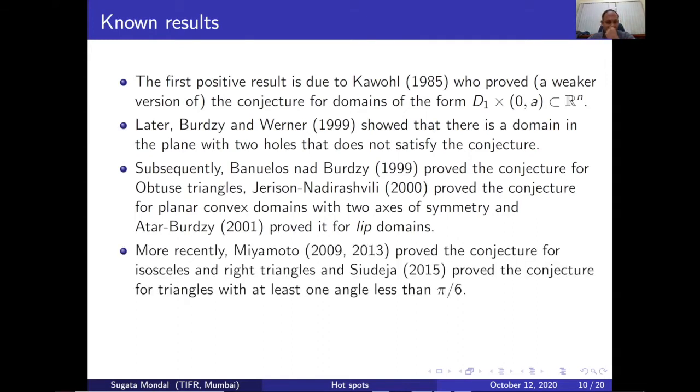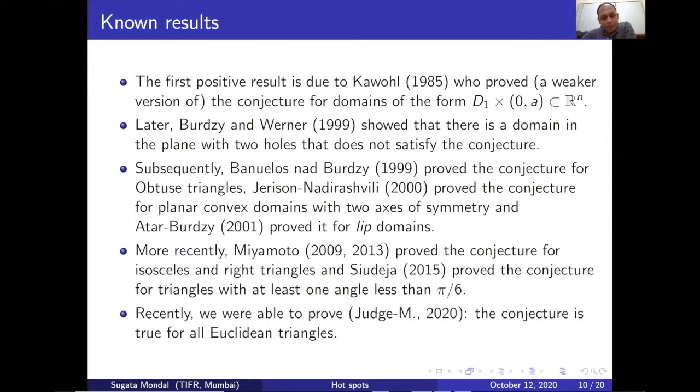Now, more recent results: in 2009 and then in 2013, Miyamoto proved the conjecture for isosceles and right triangles, and in 2015, Judge and Mondal proved the conjecture for triangles with at least one angle less than pi/6. Recently, we were able to prove this conjecture for all triangles.